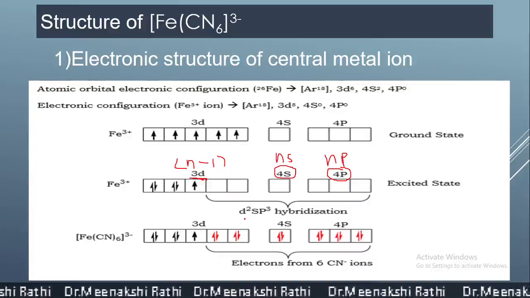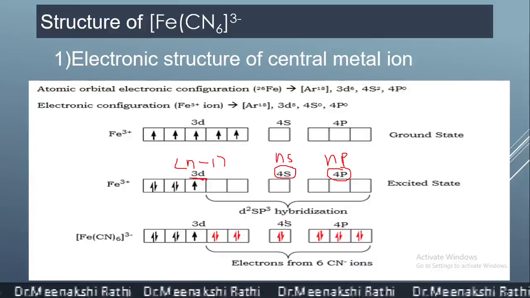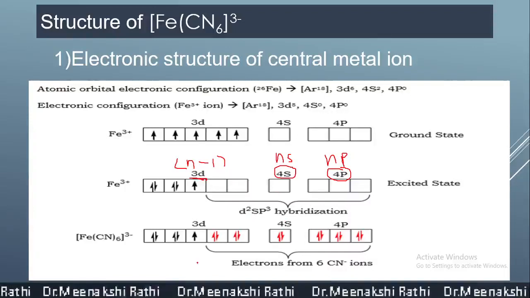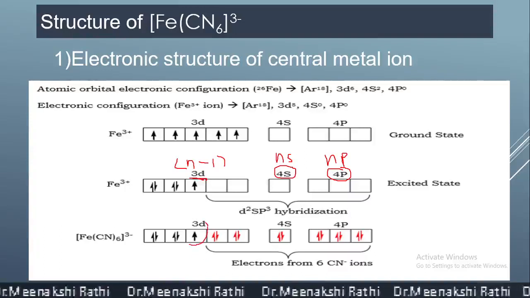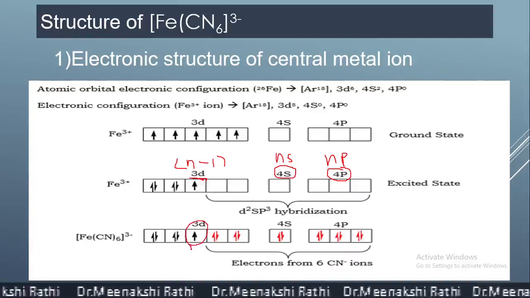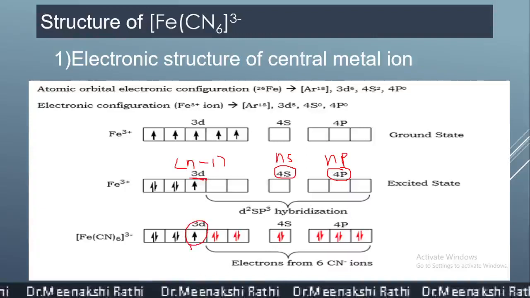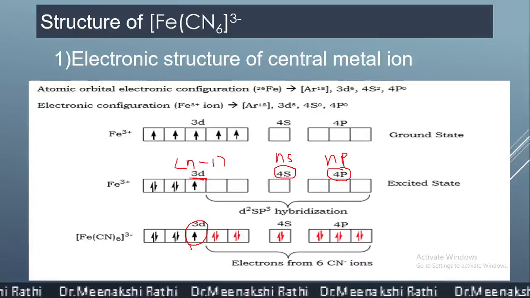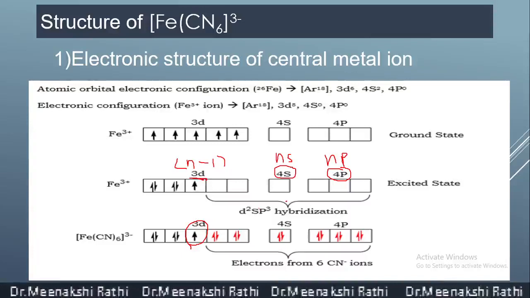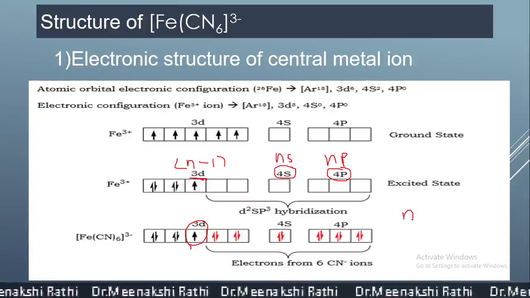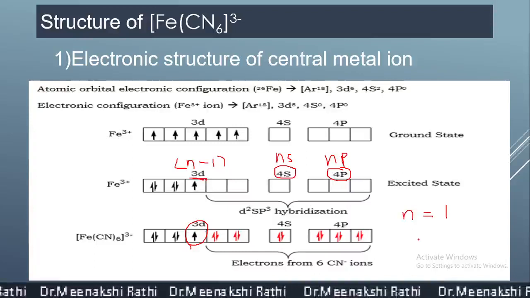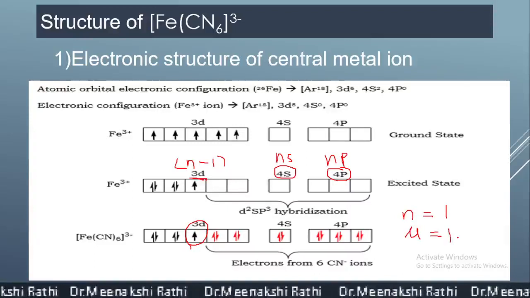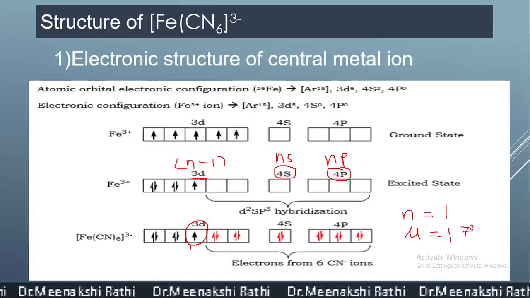As it possesses d2sp3 hybridization, it has octahedral geometry, and here the number of unpaired electrons is 1. Due to the presence of one unpaired electron, it is paramagnetic in nature and its magnetic moment, if you remember, if n is equal to 1, then the magnetic moment is equal to 1.73 Bohr magneton.